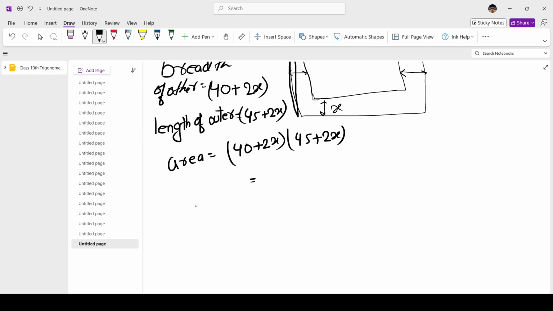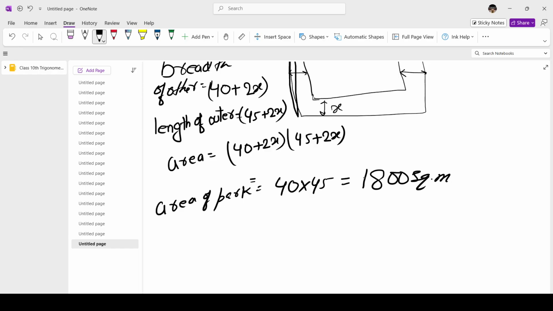And the area of the playground is 40 into 45 in square meters. Now the question gives the difference, the extra part that has been given here, subtracted from it.